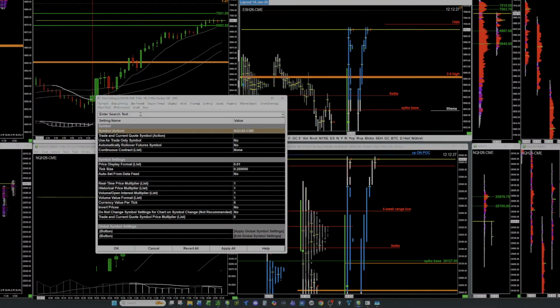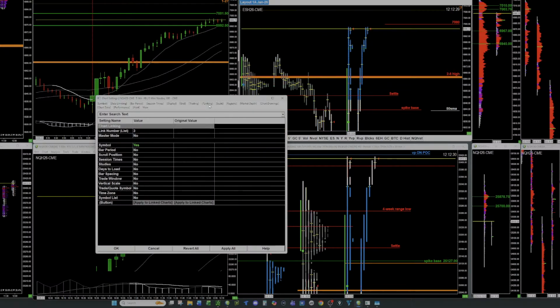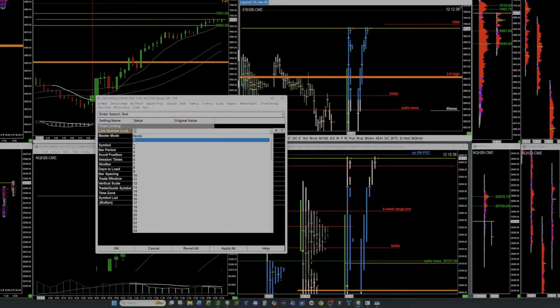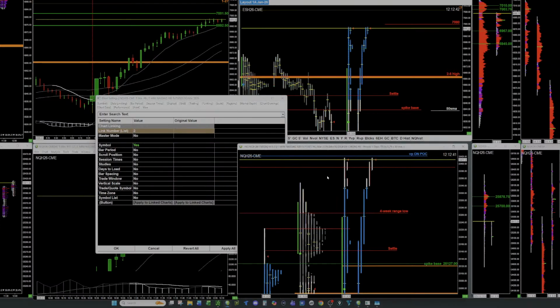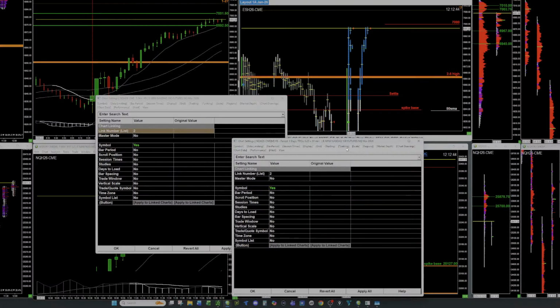Uh-oh. This is linking. It shouldn't link. I think Nasdaq should be 2. Let's check what my linking is here. Yeah, it's 2. Nasdaq is 2.